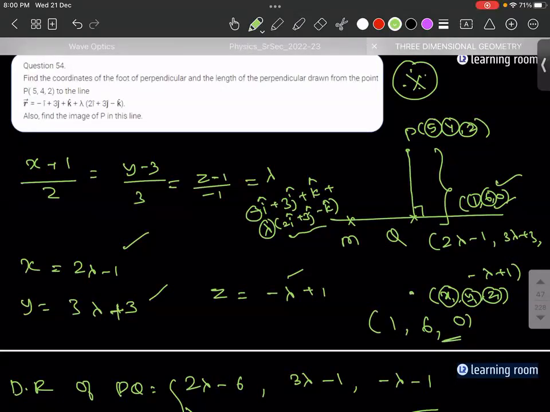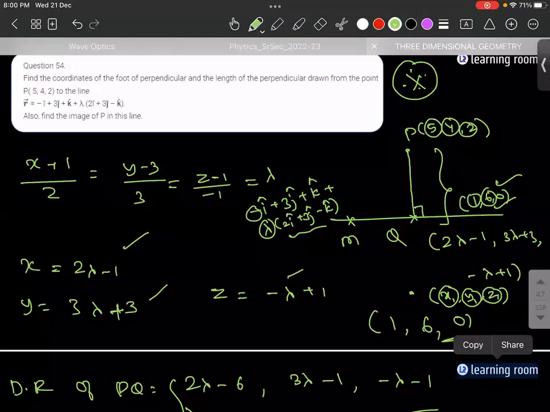Then we can find the PQ vector, and PQ vector dot the direction of the line is 0. That's right, we can solve that way also.